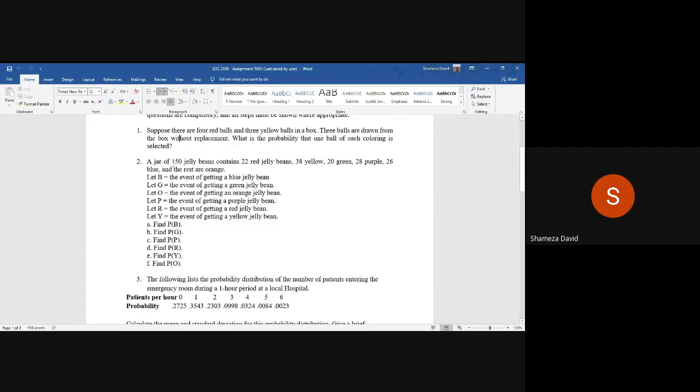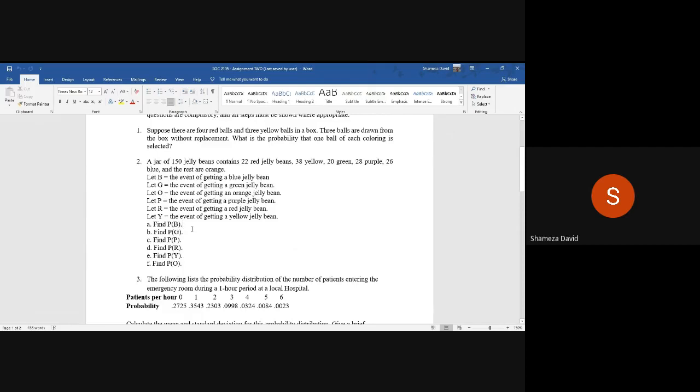And then this other question 2, we did also go through this last week. And so you see that there are 150 jelly beans. A jar of 150 jelly beans contains 22 red, 38 yellow, 20 green, 28 purple, 26 blue. The rest are orange. So event B, the event of getting a blue, event G, the event of getting a green, O orange, P purple, R red, Y yellow. So the probability of B would be the number of blue jelly beans divided by the total number of jelly beans.